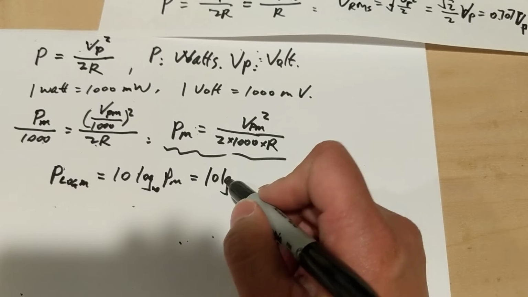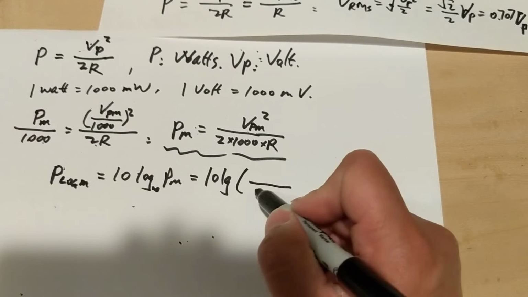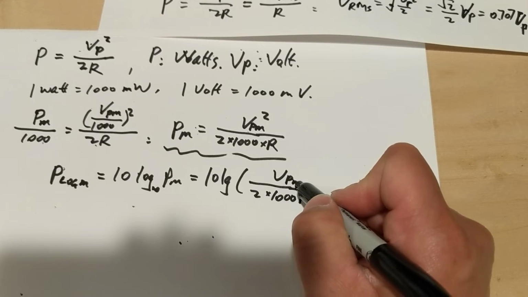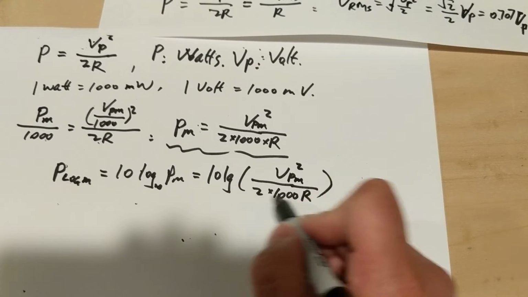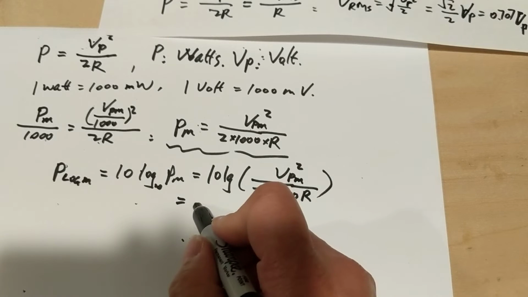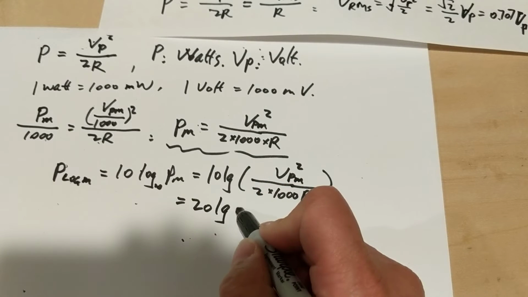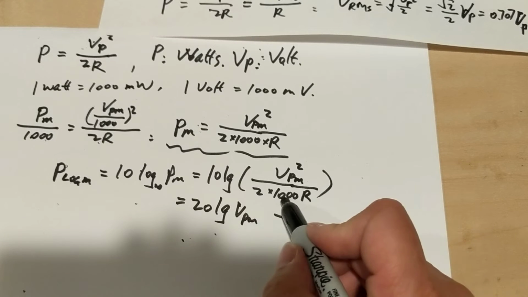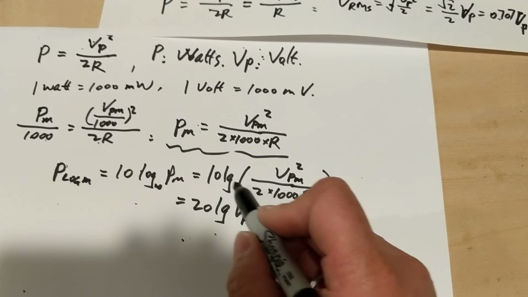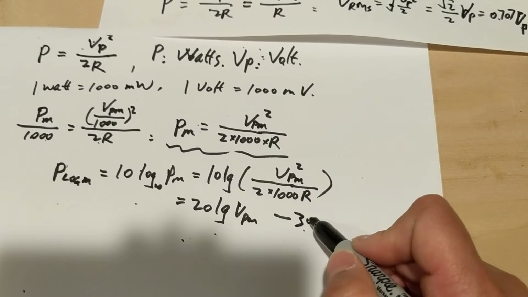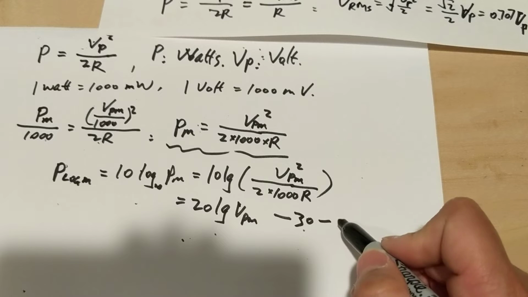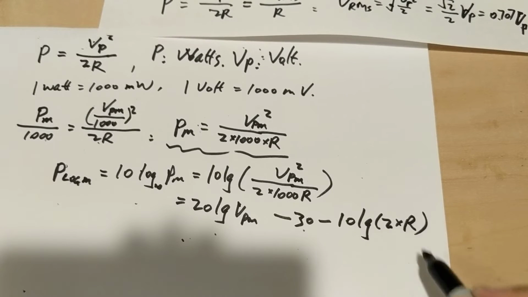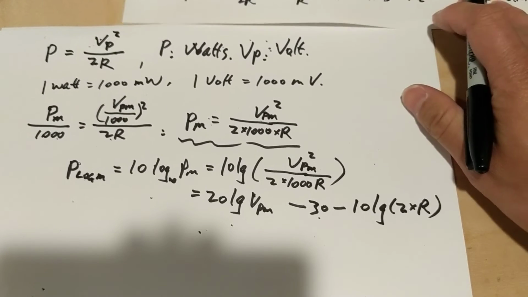So P in dBm equals 10 log of (V_pm squared over 2 times 1000 R), which equals 20 log V_pm minus 30, minus 10 log 2R. Okay, we got this formula.